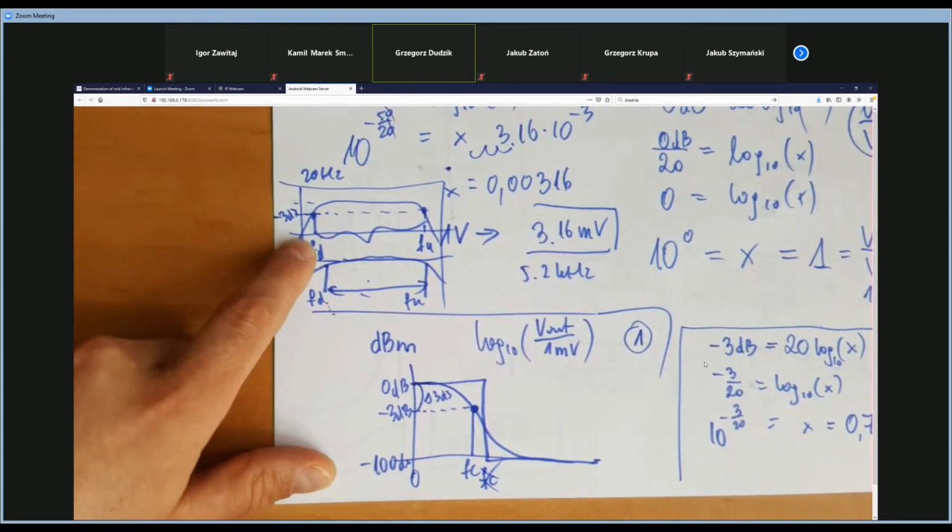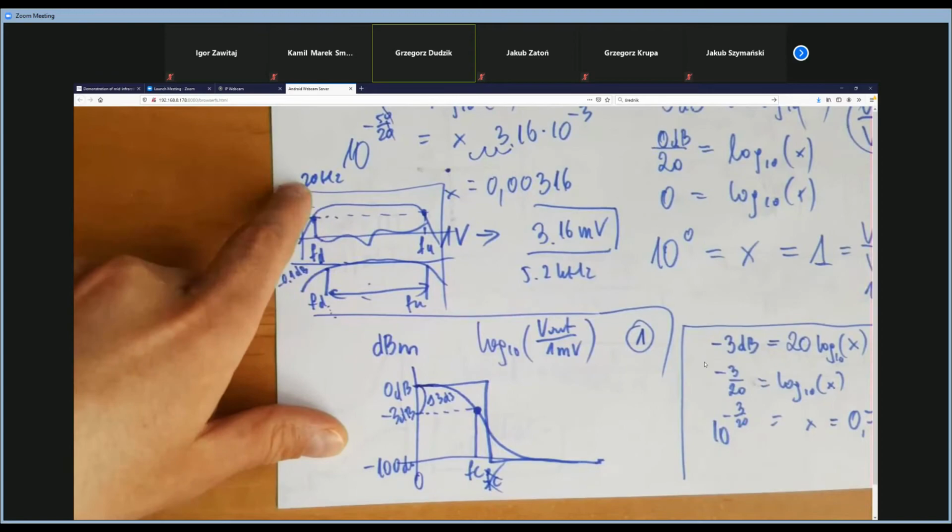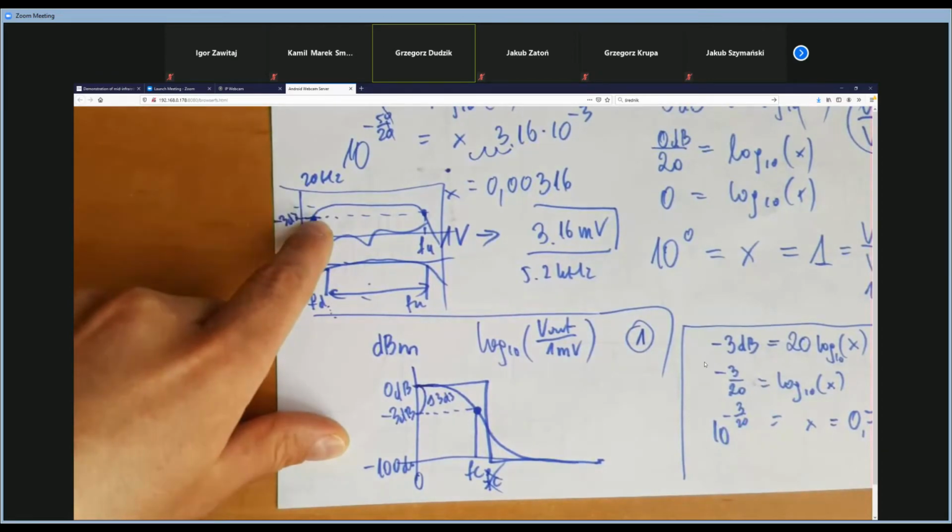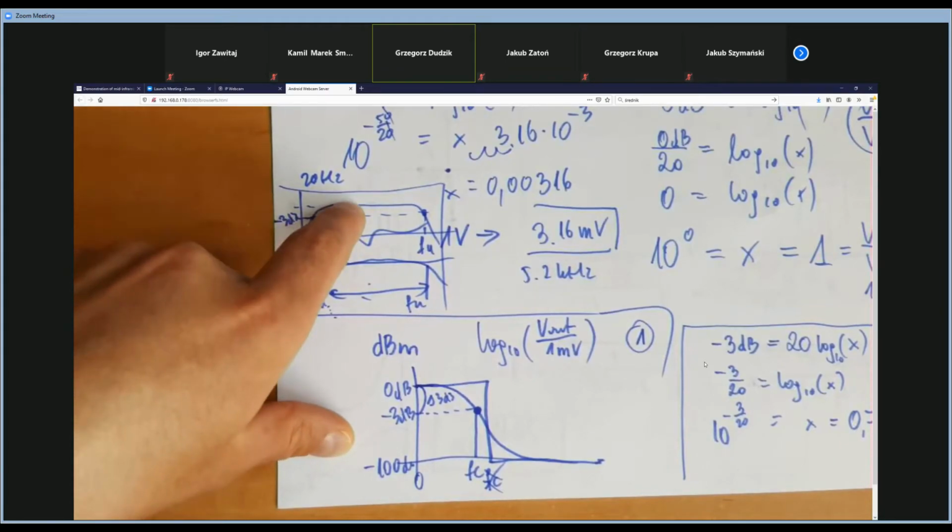Why? Because for this frequency, the amplitude of the electrical signal going to your loudspeaker is lower by 30% than the maximum.